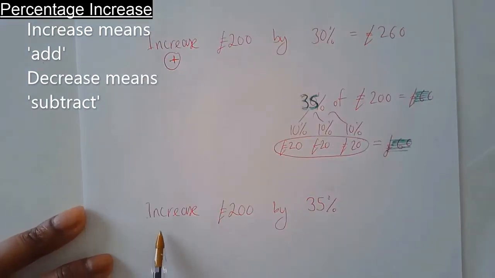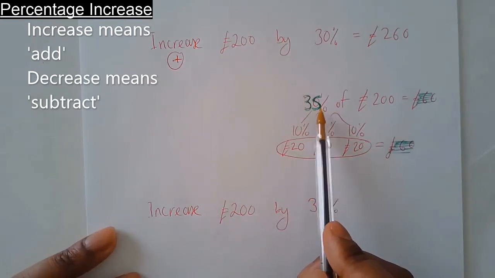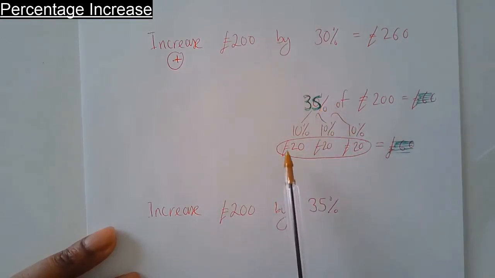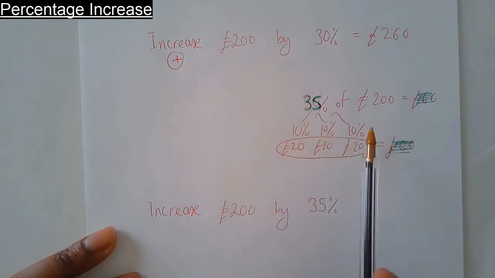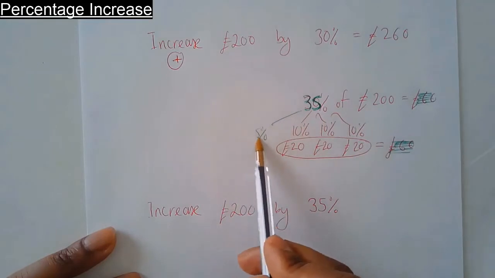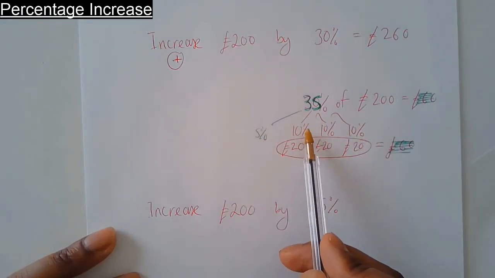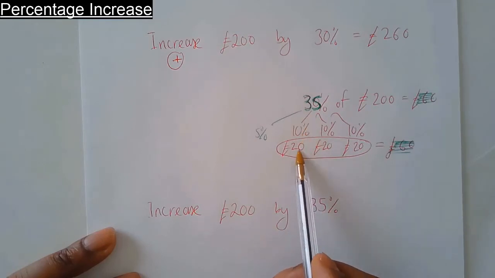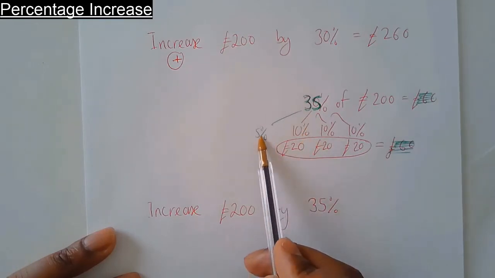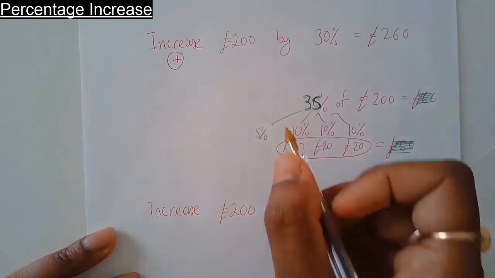This time, increase £200 by 35%. So we need to find 35% of £200. 35% is 10%, 10%, 10%, 5%. That makes 35%. 10% is worth 20, but 5% is half of 10, so half of 20 is £10.